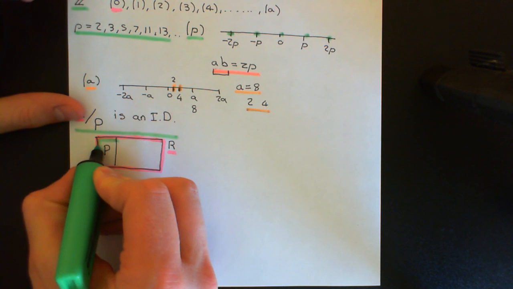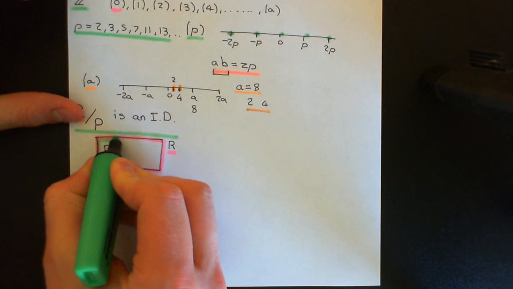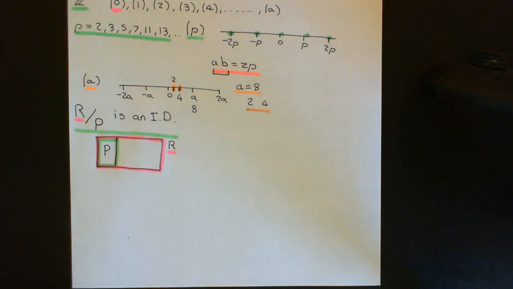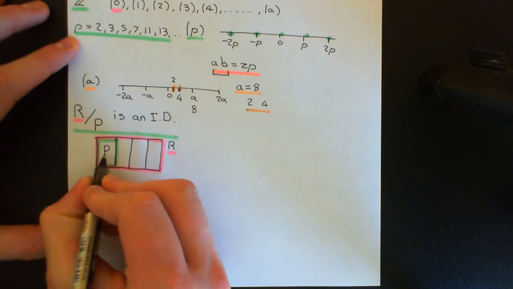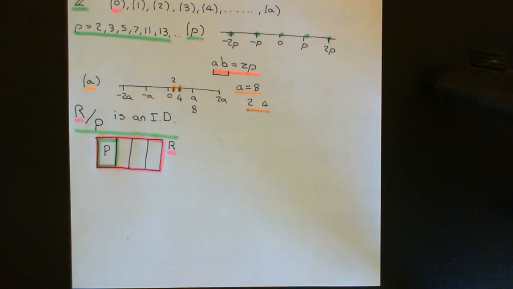Now if I quotient out by my prime ideal, I will partition the commutative ring capital R into the additive cosets of my prime ideal. So it'll be broken up into these additive cosets. In my picture I've just drawn 4, but of course usually you end up with far more than 4.